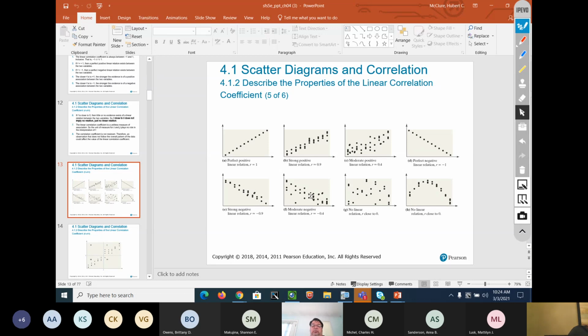This is no correlation, because if you were to draw a line on the Excel spreadsheet or using the calculator, it would say the slope is equal to 0. And this is a nonlinear, which you don't have to worry about for this unit.